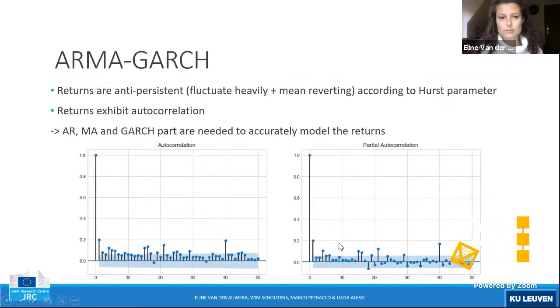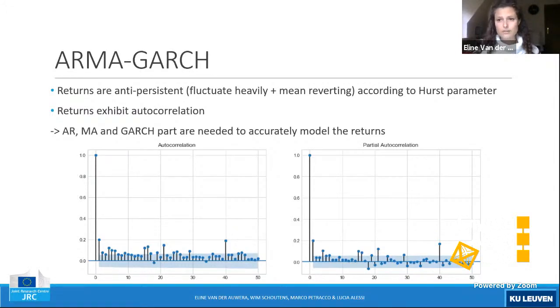The moving average part is also necessary to incorporate the shocks that happened in the past and might go through to the future. And then the GARCH part is especially necessary because it corrects the ARMA part for its assumption that the volatility is constant, which is absolutely not the case.